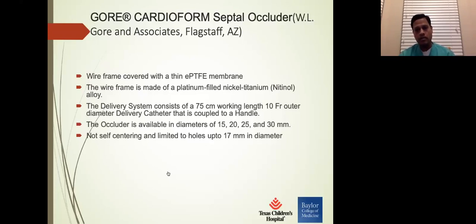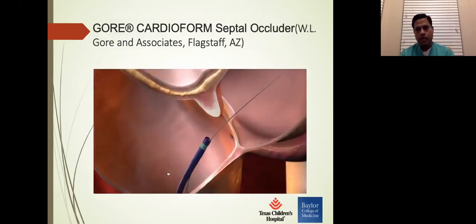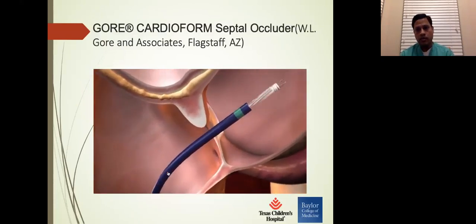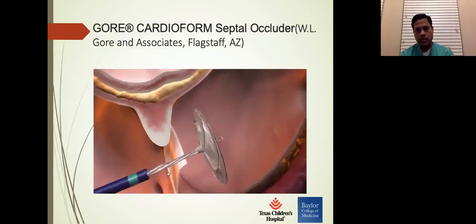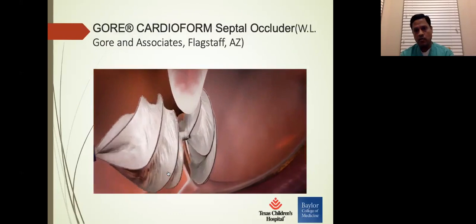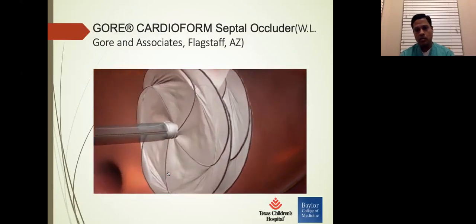And there is a small animation which shows how the device is deployed, and then you would understand why this is not a self-centering device. So if you look at this, this is how it is delivered. This is the left atrial disc coming out. And as you can see, in the center, there is no waist. It's basically a 3-4 millimeter central waist, and the discs on both sides are equal.